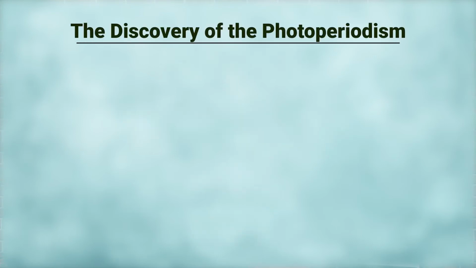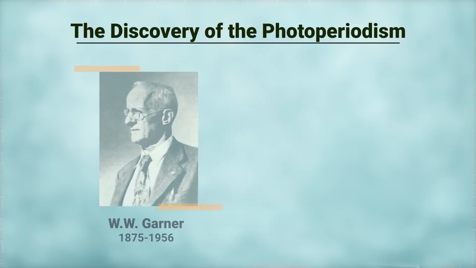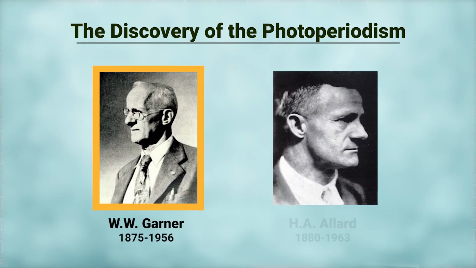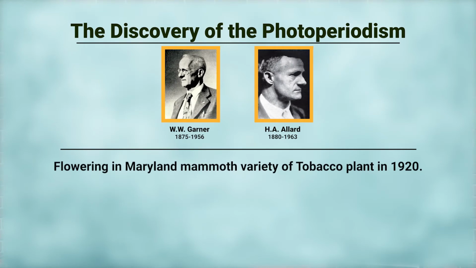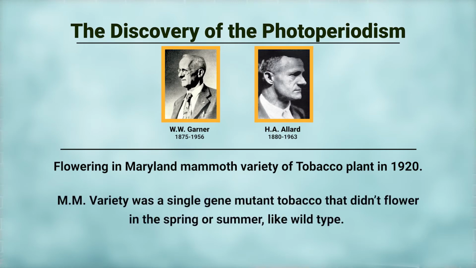The discovery of photoperiodism was made by W. Gardner and H. Allard. They studied flowering in the Maryland Mammoth variety of tobacco plant in 1920. The variety was a single gene mutant tobacco that did not flower in the spring or summer like wild types.